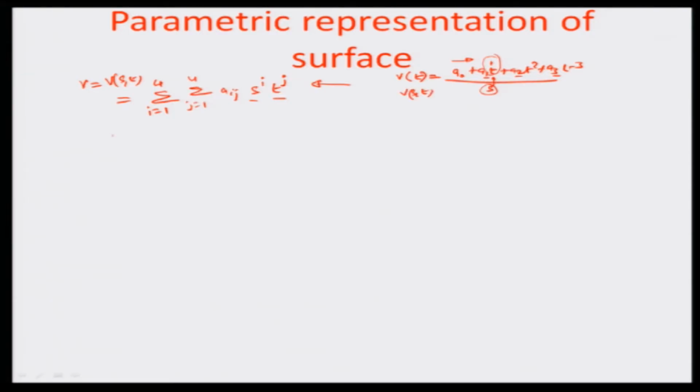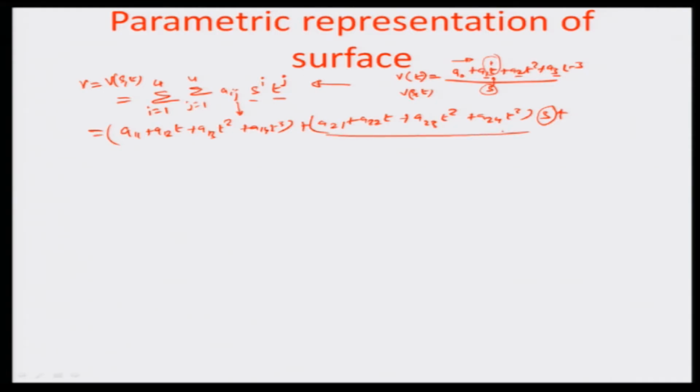If I spread this out, I would have the formulation a11 plus a12 t plus a13 t square plus a14 t cube, plus a21 plus a22 t plus a23 t square plus a24 t cube, times s. That is how I would like to vary the s's and the t's, expanding this equation. I combine all the terms corresponding to s equal to 1 and put them together in a bracket like this.